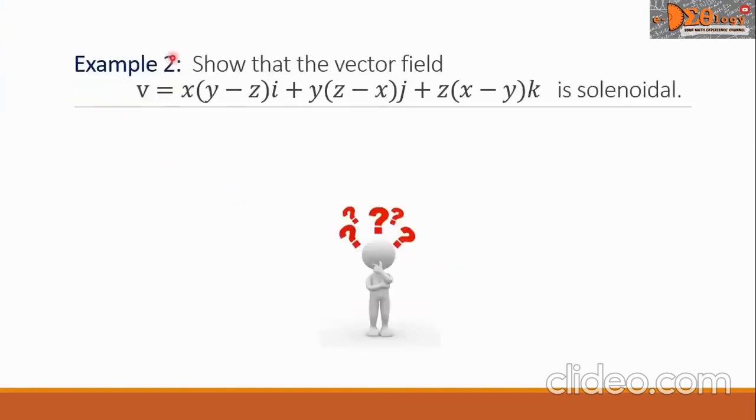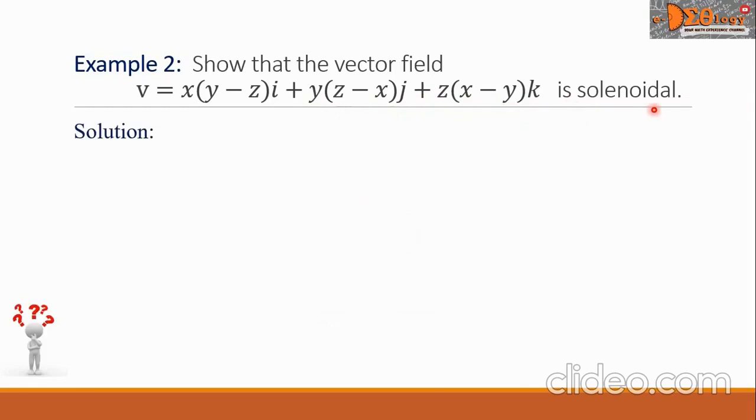Now example 2. Show that the vector field V equals x times the quantity y minus z, then i, plus y times the quantity z minus x, then j, plus z times the quantity x minus y, then k, is solenoidal.